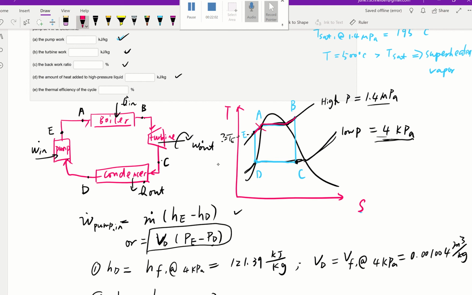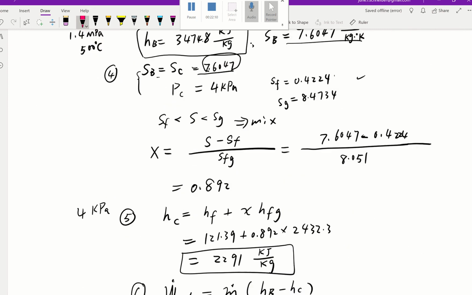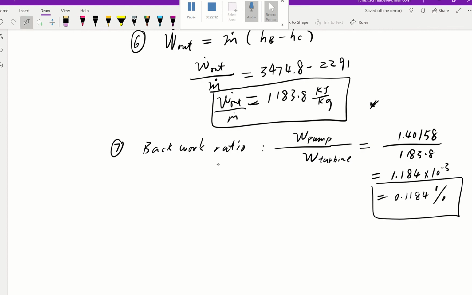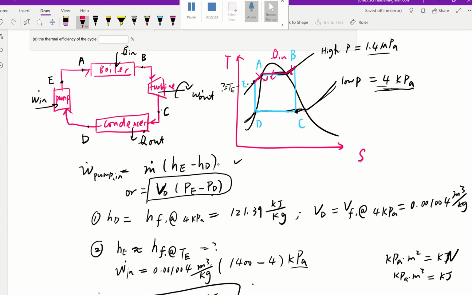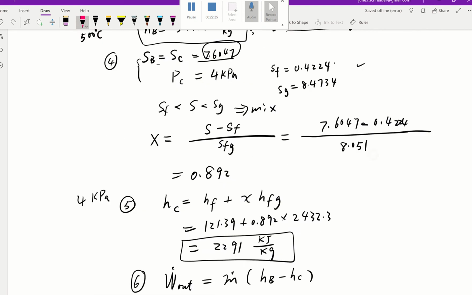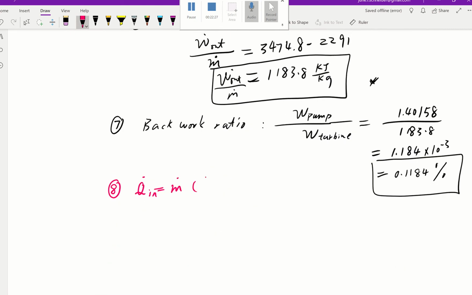That's the heat required in the boiler. For that, we can go ahead and solve our number 8. The heat required is the final enthalpy, B, minus the initial, E. So it's HB minus HE.